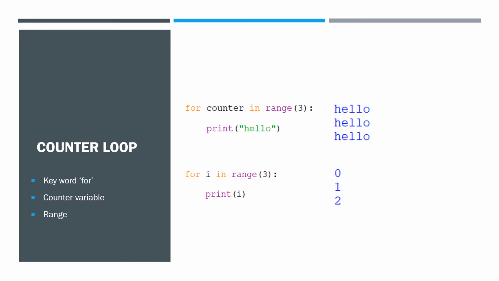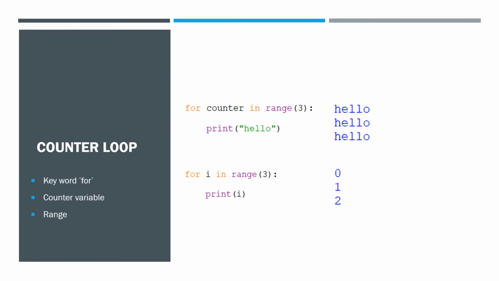You'll notice straight away 2 things about the value of I. One is that the first time round the loop, I has the value 0. That's always the case in Python unless you override the default. So it defaults to 0, and it counts up to 3 but it stops just before it reaches the stop value.